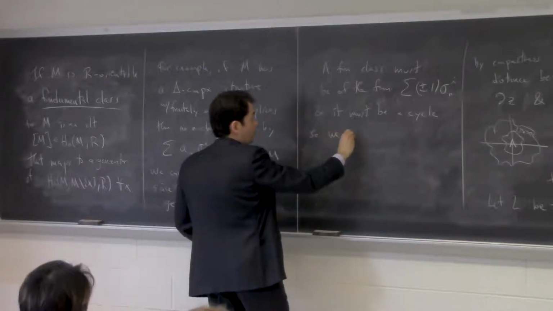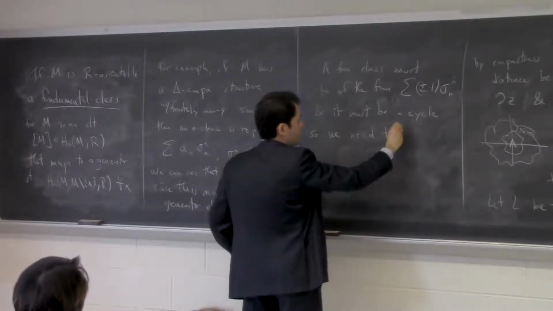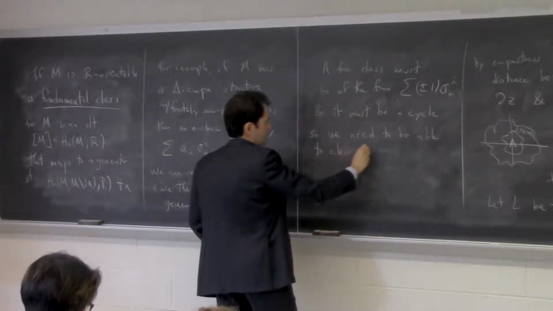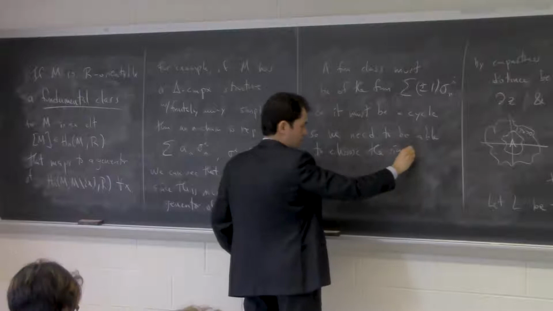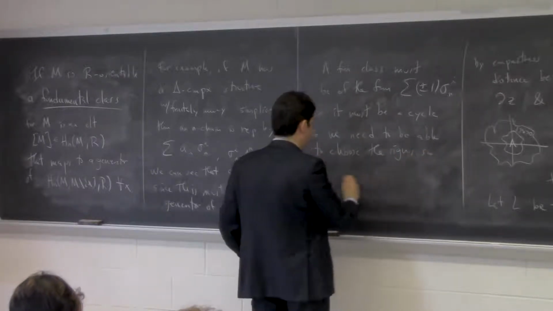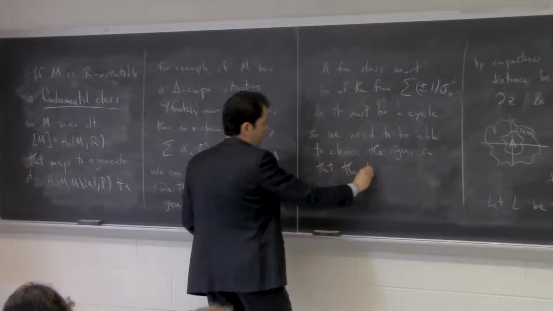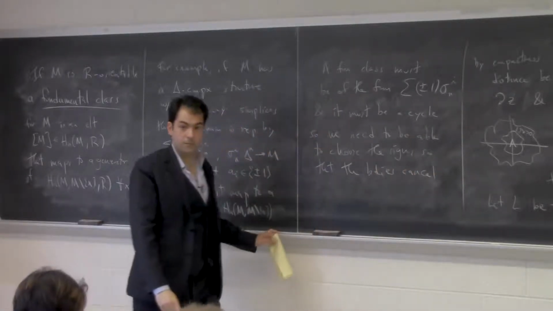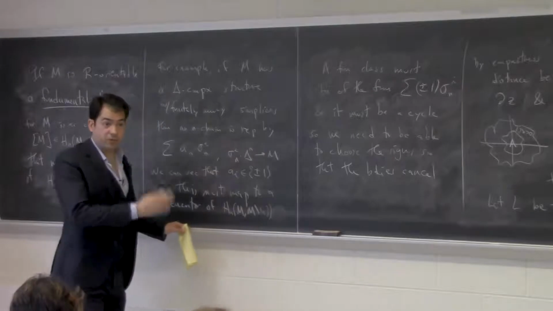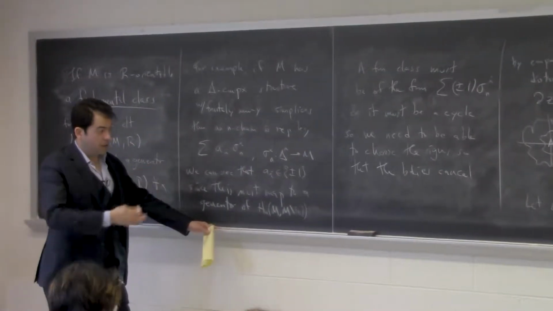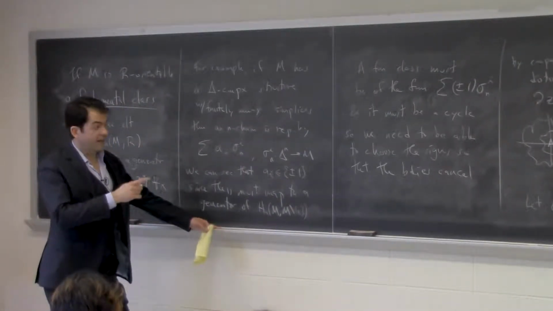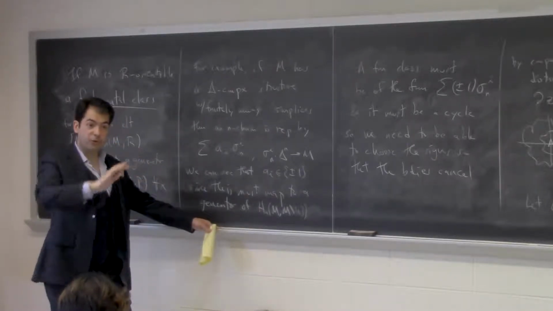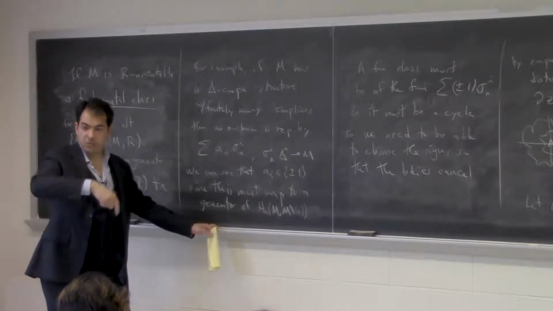So we need to be able to choose the signs so that the boundaries cancel. Right? So if you think of a surface made up of a bunch of triangles, then you're picking the orientations of the triangles so that neighboring triangles cancel out the edge in between them.